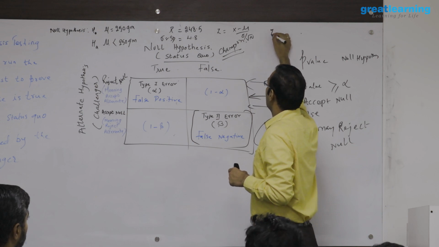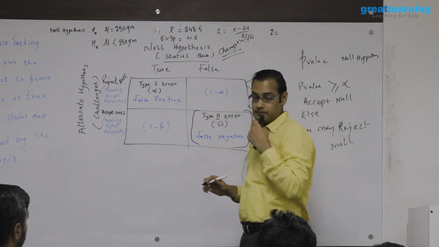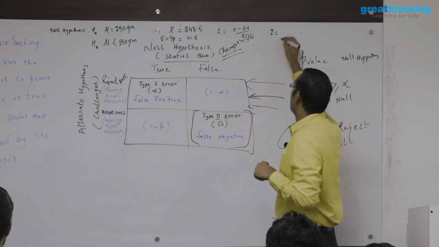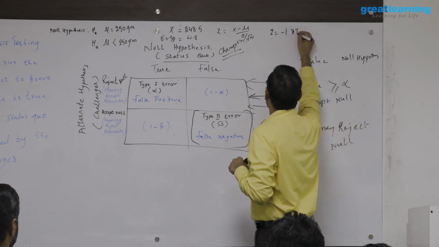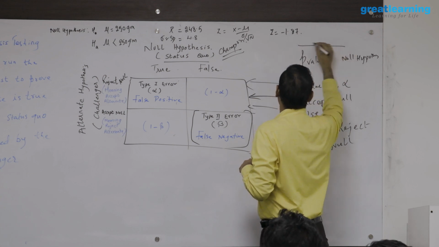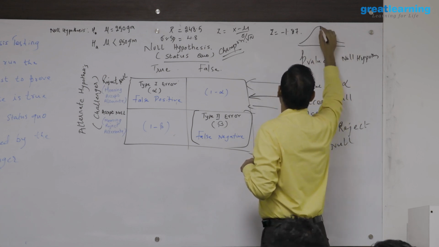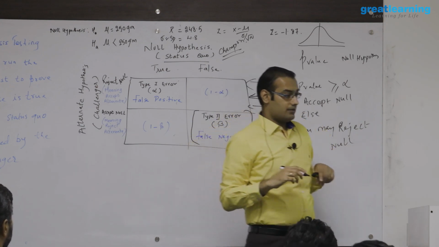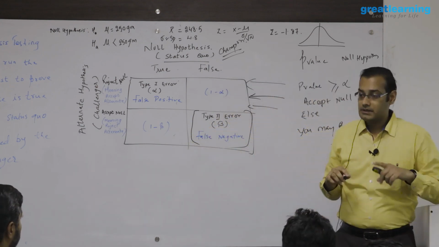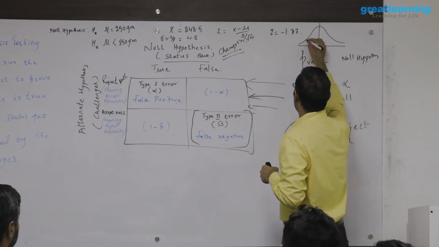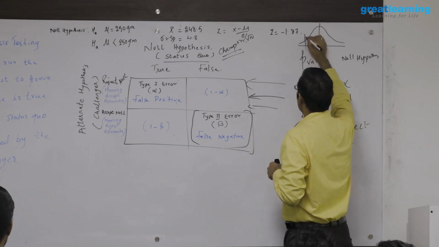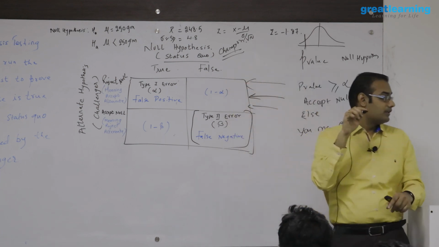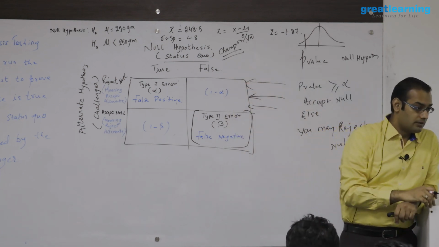So what is the z coming out to be? Minus 1.87. Now make the diagram. Is this right tail test or left tail test? This is a left tail test, which means null hypothesis rejection zone is here on the left hand side, right?